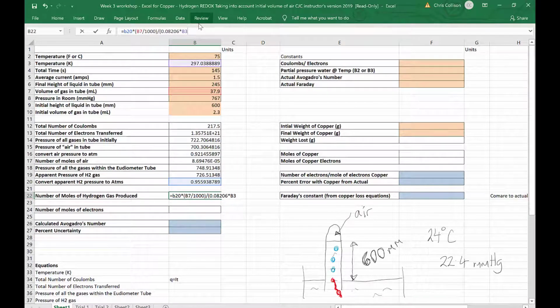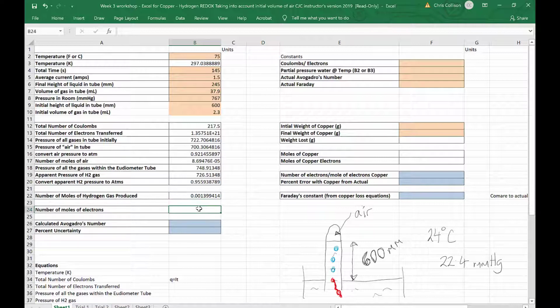So this is the total number of moles according to the ideal gas equation that are in that particular inverted tube, right? But now we're going to subtract the number of moles that we had in there to begin with, and that number of moles is up here in cell B17. What we're going to do is go through and check and make sure that we've calculated everything through correctly.